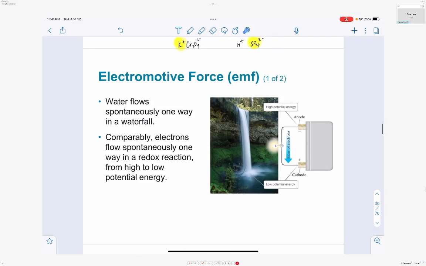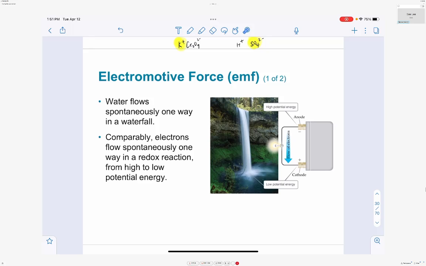So what causes this spontaneous transfer of electrons? Somebody just asked earlier. Just as water flows spontaneously one way in a waterfall, electrons also flow spontaneously from one direction to another. It's just natural characteristics.